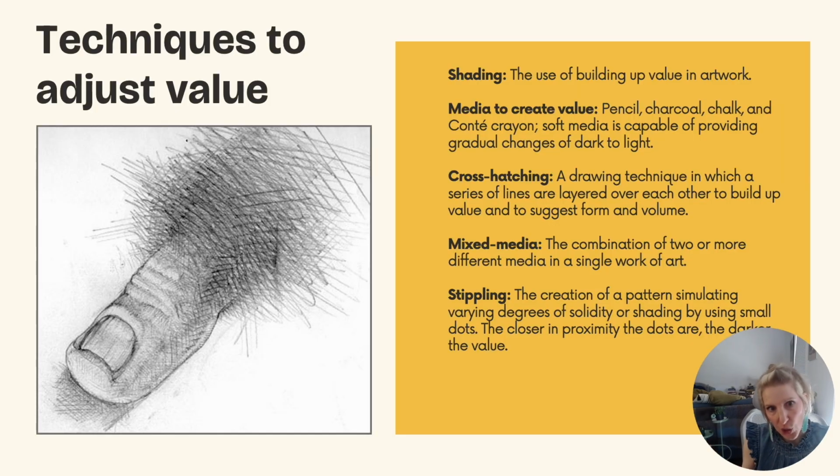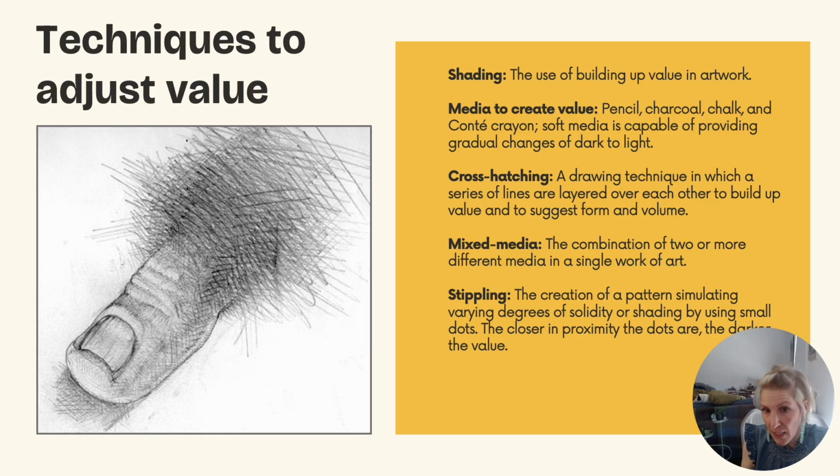Other techniques to adjust value are shading, using a variety of media, cross-hatching, mixed media, or stippling. So shading is the use of building up value in artwork, layering that value on top of itself in a smooth way, with no pattern, just building up the graphite or charcoal or whatever tool you're using through shading and layering.